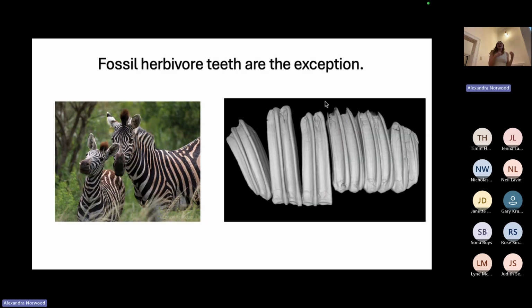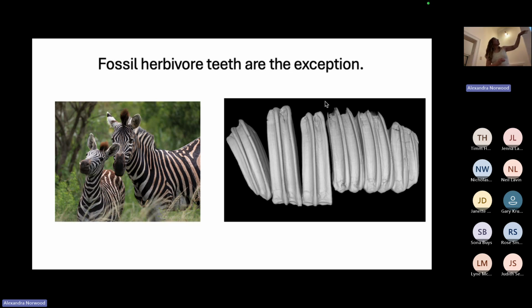And now we get into why I'm pretty obsessed with teeth. That's because herbivore teeth provide a really unique time scale that is not available to us in virtually any other archaeological record or paleontological record. These are zebra. These are their teeth.